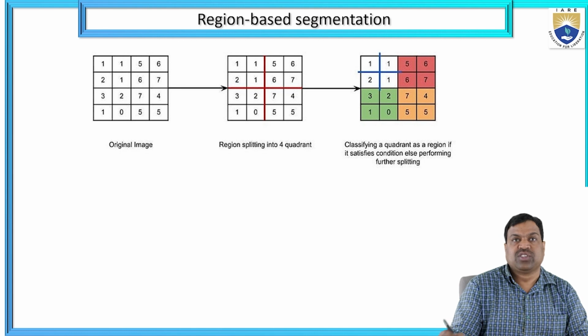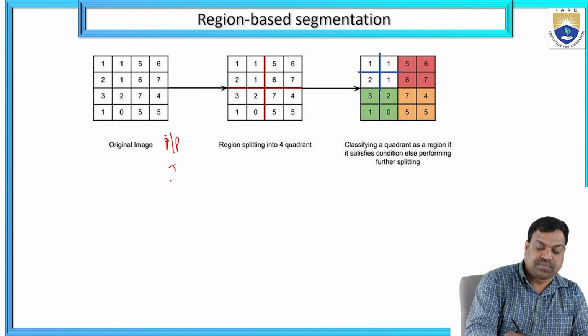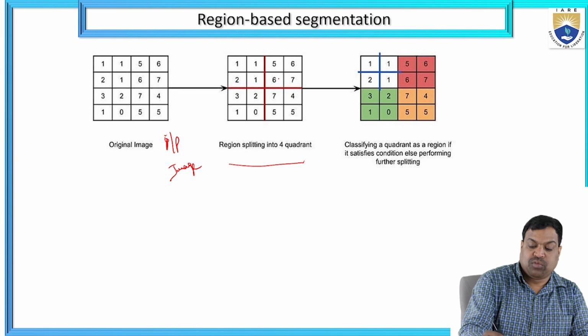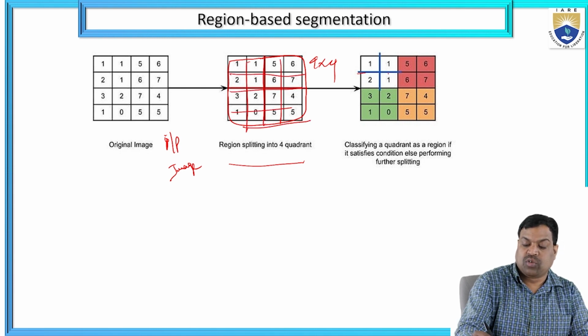And here is one example image, the original input image. So, region splitting into 4 quadrants.